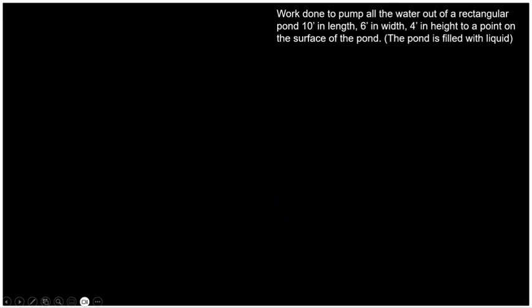So let's try first. Work done to pump all the water out of a rectangular pond, 10 feet in length, 6 feet in width, and 4 feet in height to a point on the surface of the pond. And then the pond is originally filled with liquid. So let's have this.